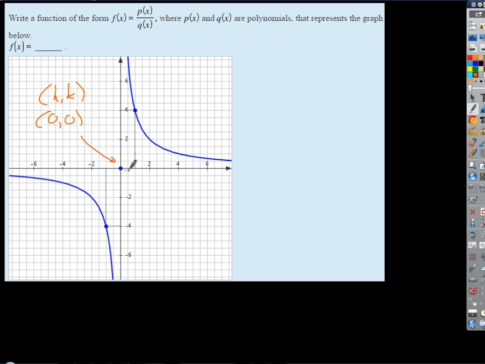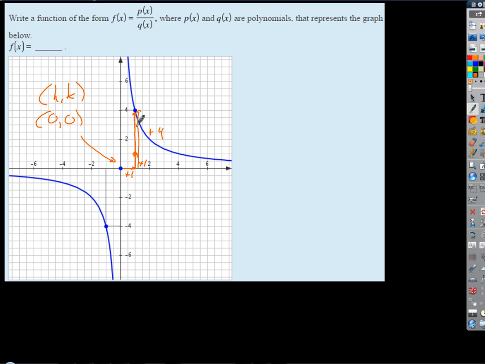So instead of just going over 1 and up 1, I'm going all the way up 4, so it's 4 times bigger, right? Does that make sense? This point normally would be there, but it's been stretched up to there instead. Stretched out by a factor of 4.